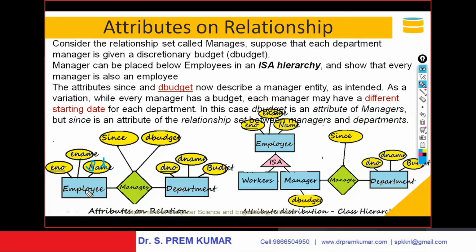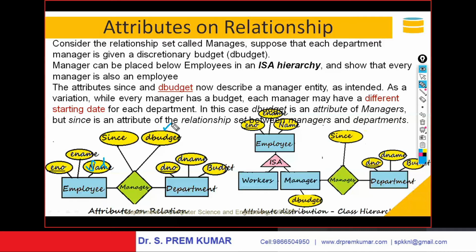This is employee. There is a department entity set, which is having department number, name and budget. Departments are identified by department number. And the managers of the employees are given budget. They are being allotted with budget. That is called discretionary budget.